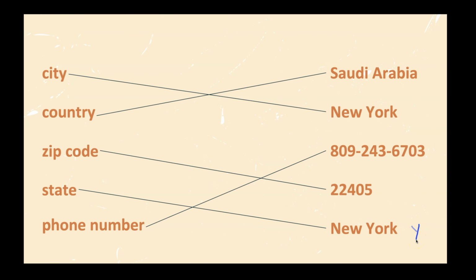Because we know that in the United States, all 50 states have a 2-letter abbreviation. And those 2 letters are capital. So in the case of the state of New York, we have a capital N and a capital Y.